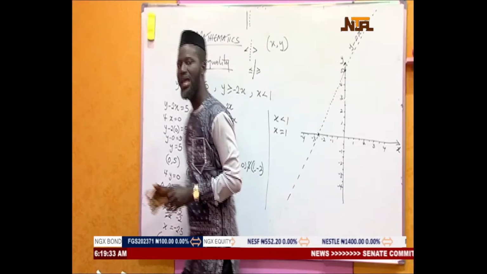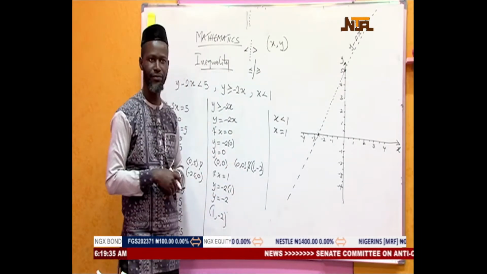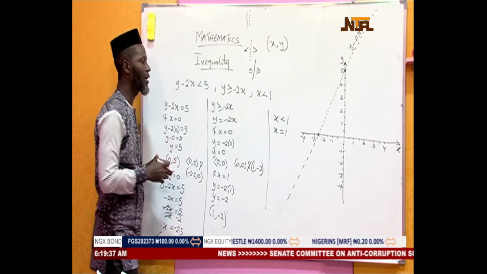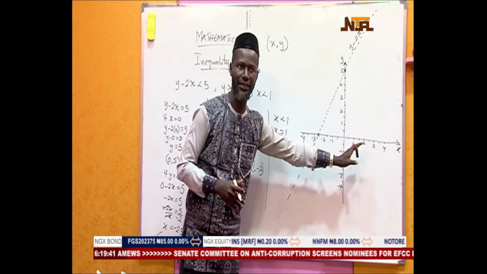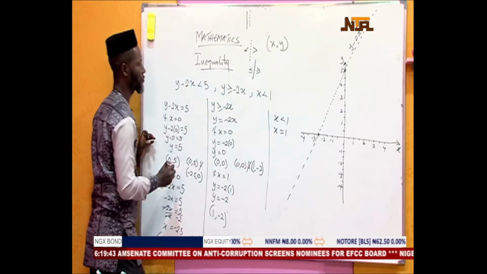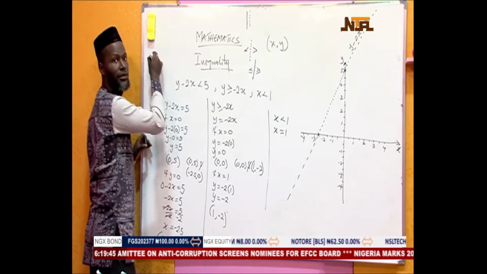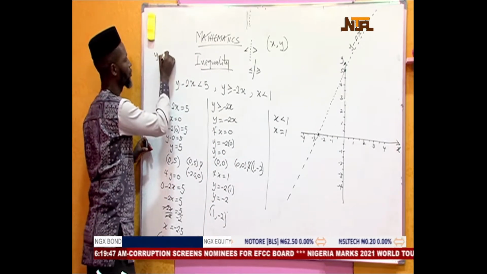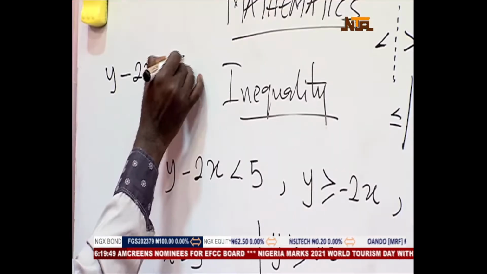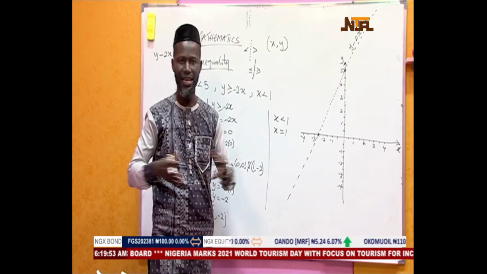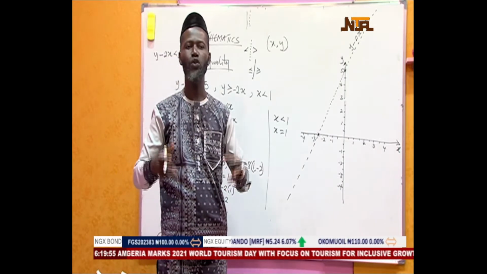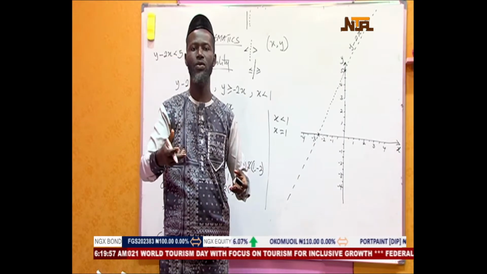Now, where will our solution side be? In order to know where our solution side will be, is it this side or this side? Let's get back to this. We have y minus 2x less than 5. Here, you can use either x or y to determine where your solution side will be.